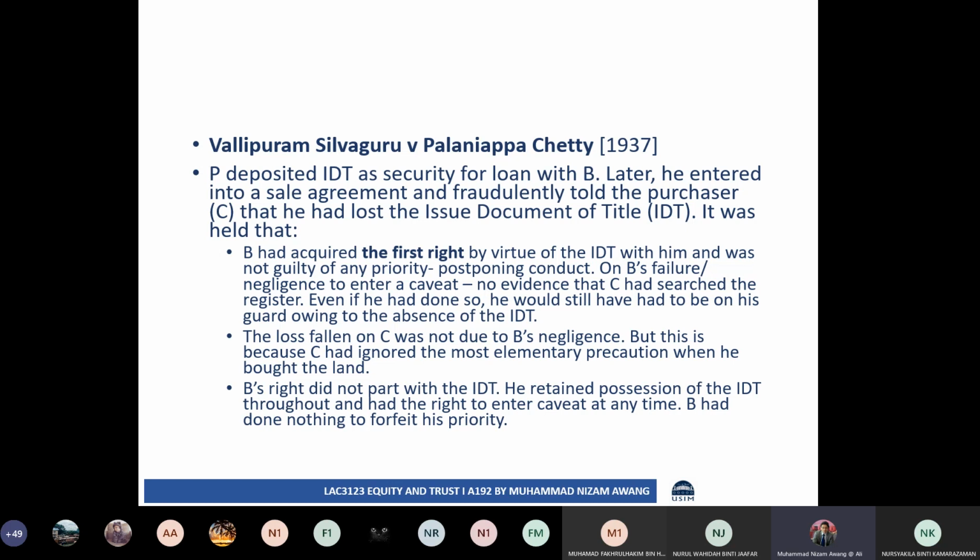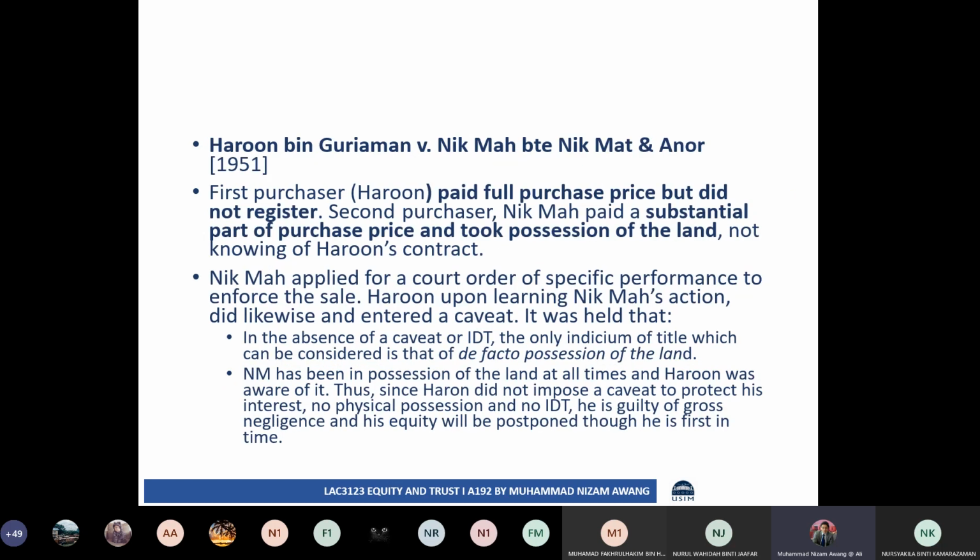In other words, since B still held the IDT, B still held the legal title over the land, even though there was a fraud. So the court blames C here, even though we can actually criticize this case because there was a fraud. But that was the standing of the court, basically: by having the IDT, B remained the legal owner of the land.